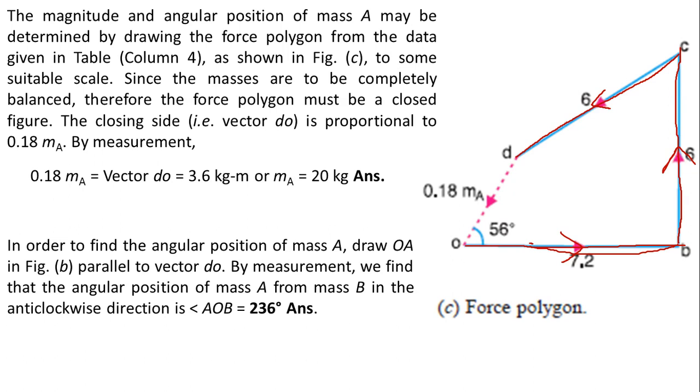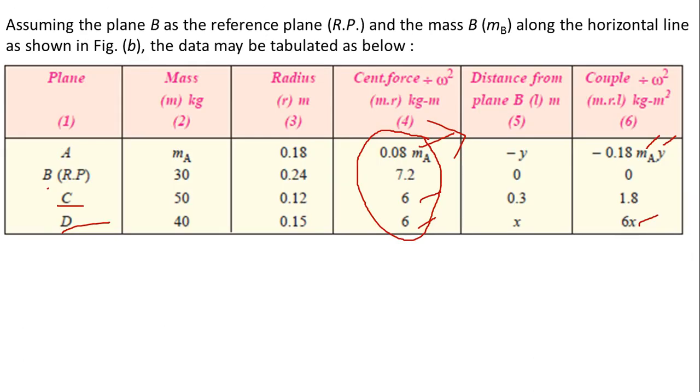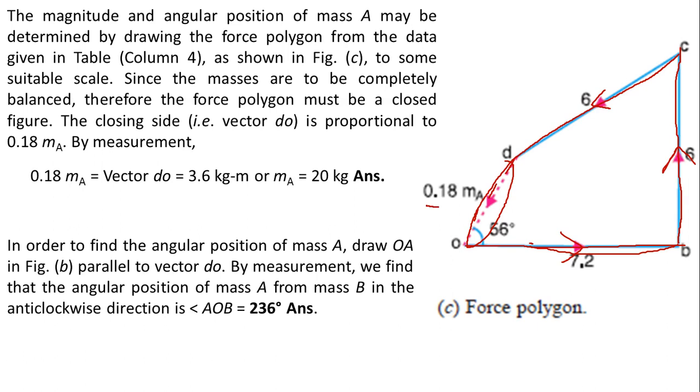Then the remaining one from D to O, whatever remaining is there, that will be nothing but equal to the remaining value, that is 0.18 MA. So find the value. By measuring vector OD you get around 3.6. So 0.18 MA will be equal to 3.6.